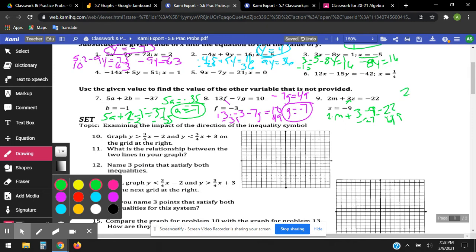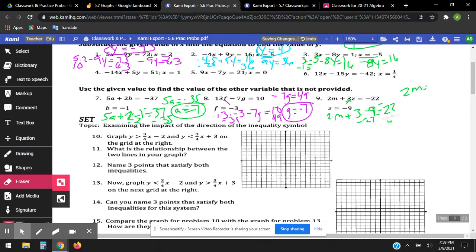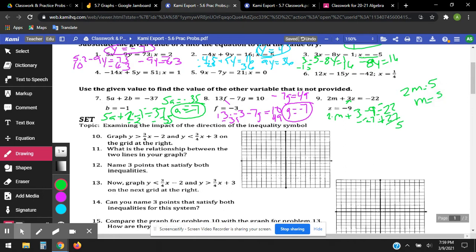So 2m equals, oh wait, negative. That's a negative 22. My answer is not a 49. I'm adding 27, which means I have a positive 5. So 2m equals 5, which means m equals 5 halves.